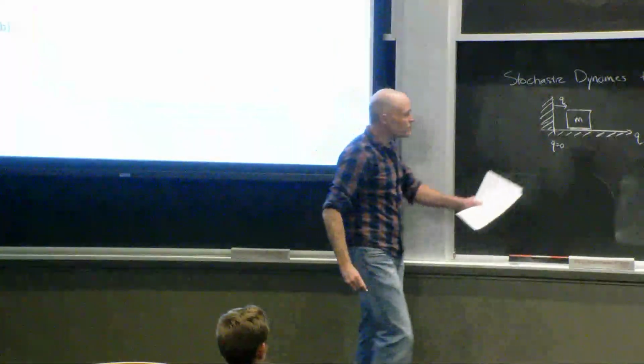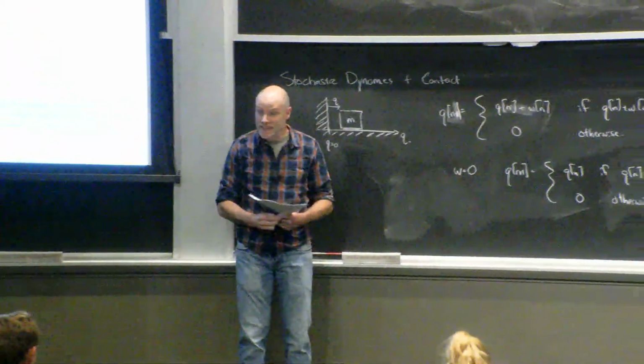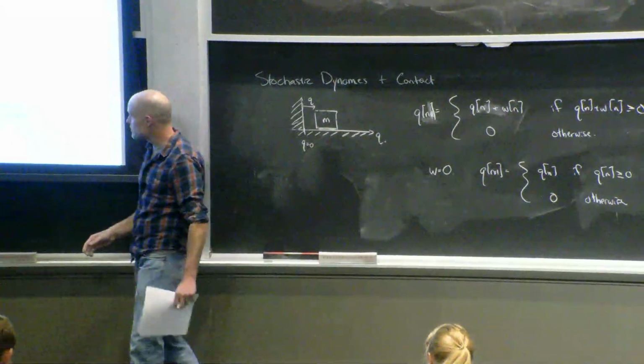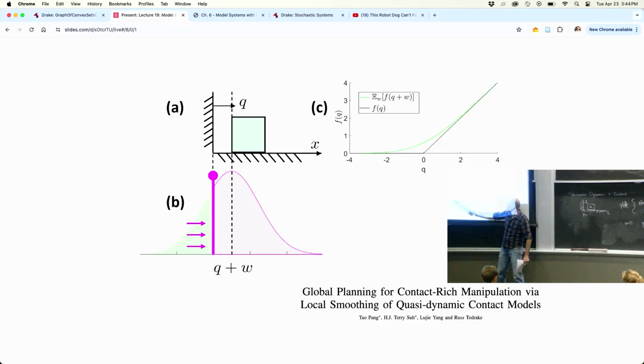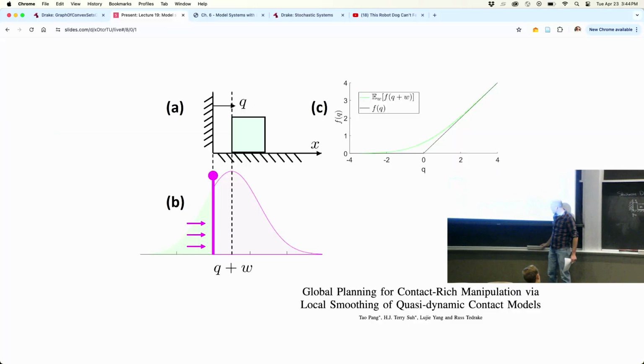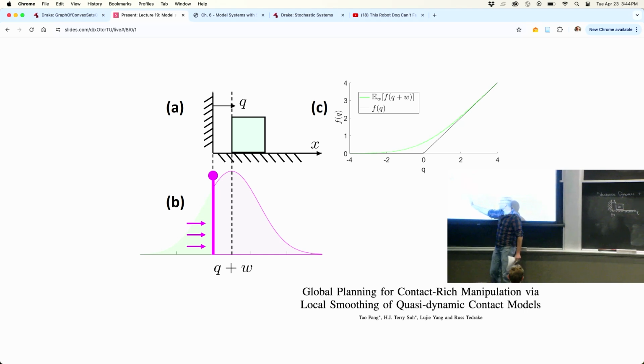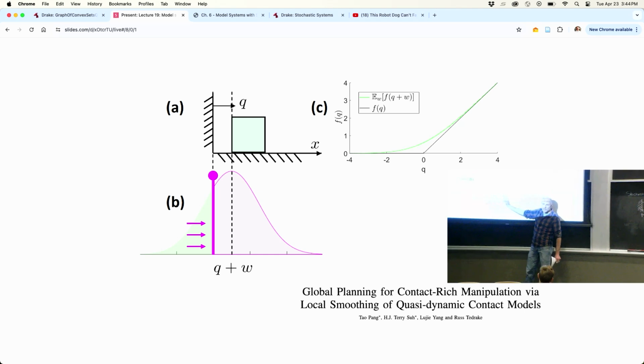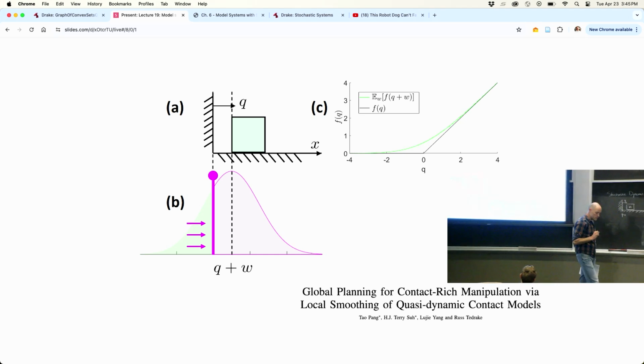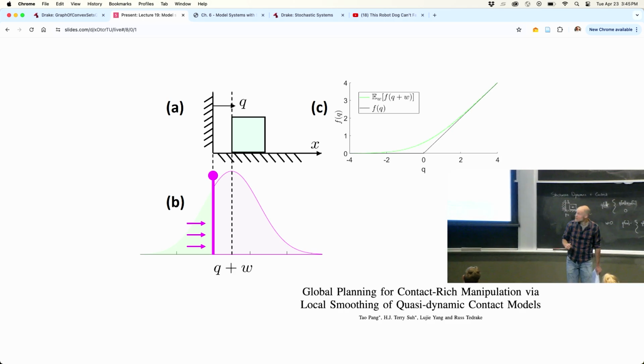But if I plot the expected value of where I expect to be, so just the mean of this pink distribution, as a function of Q, okay? So given my block started here, if I move it left or right and plot the expected value of that distribution, then you get this green line here. So what does that mean?